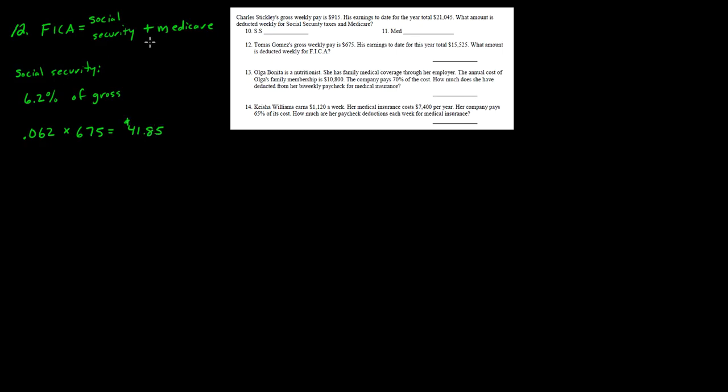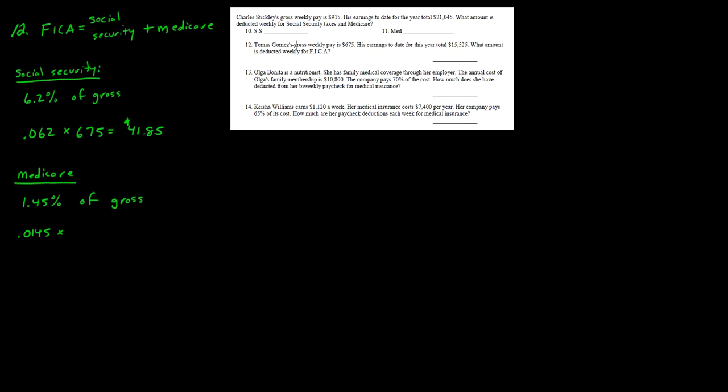Now I have to find the Medicare amount, so I can add that. So we have Social Security now. Now what we need is Medicare. To find the Medicare amount, it's 1.45% of the gross pay. So I need to write that as a decimal, 0.0145 times the gross pay.